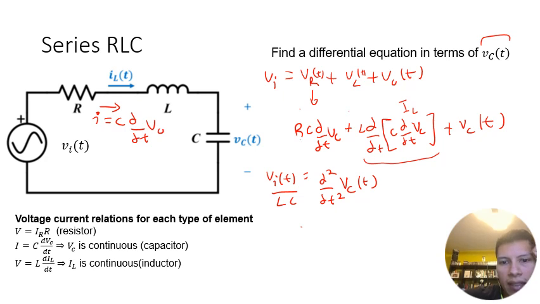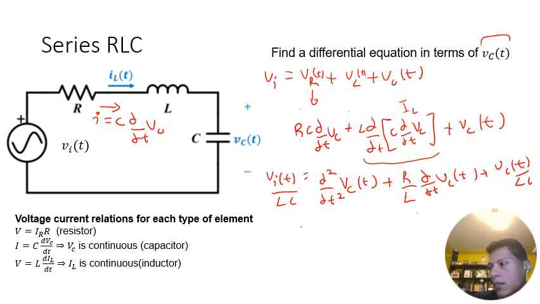Then plus R over L, since the C's cancel, d/dt of Vc of t, and then Vc of t over LC. That's the differential equation for this circuit. I divided by LC so I could have a 1 here, so that now my characteristic equation is lambda squared plus R over L lambda plus 1 over LC equals 0.